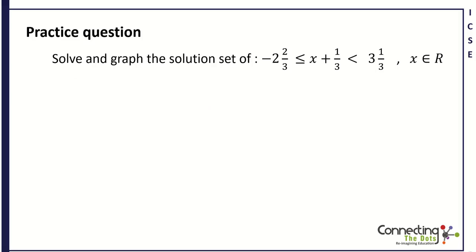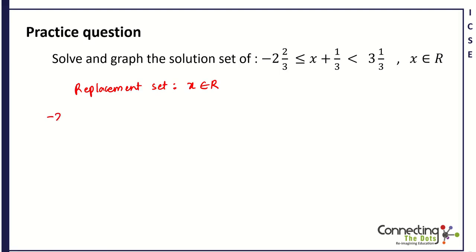Solve and graph the solution set of the given inequations. There are two of them. This is the first and this is the second. So let's take a look at it. As before, we recognize the replacement set as x belongs to R, which is all real values of x.